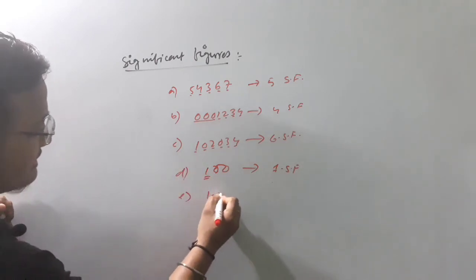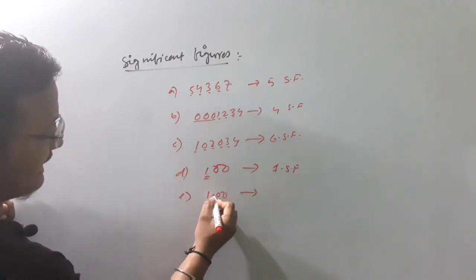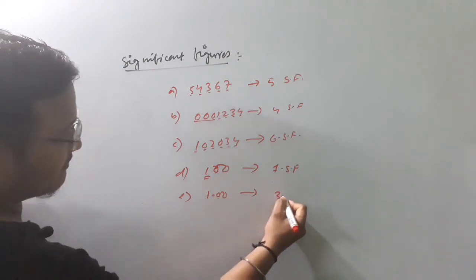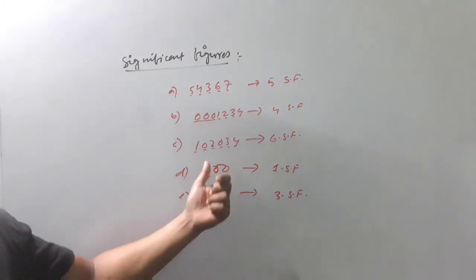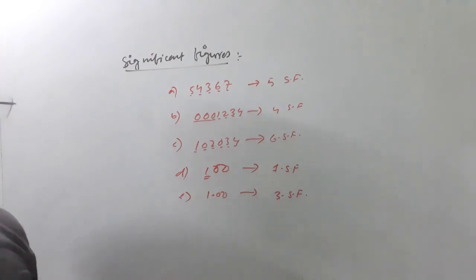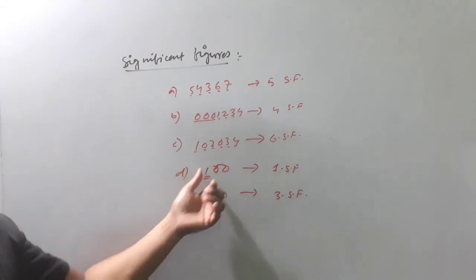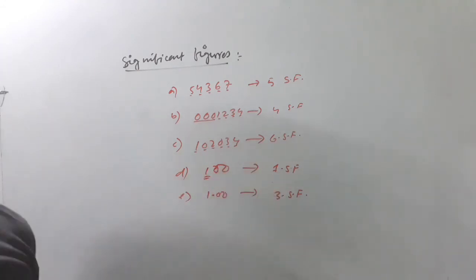But if I write a number like this, the 0 is headed by this decimal point. So here I will have 3 significant figures. So zeros right after the decimal point, meaning to the right of the decimal point, are significant, but zeros to the right of a non-zero digit without a decimal point are not significant.